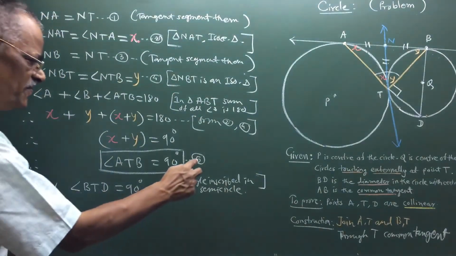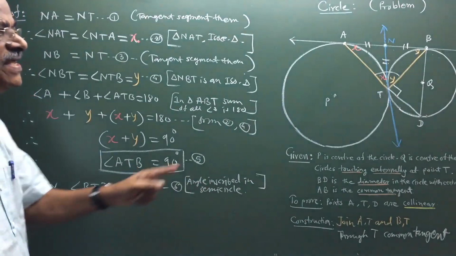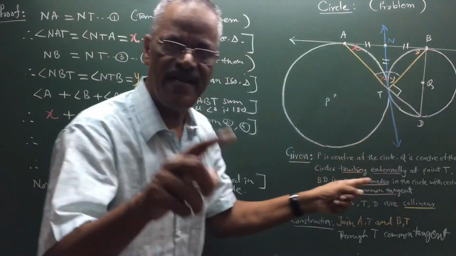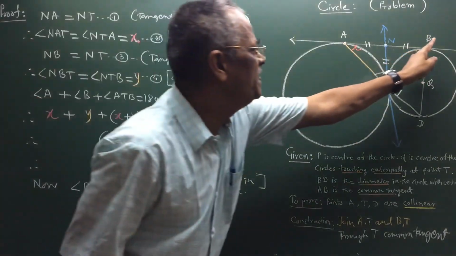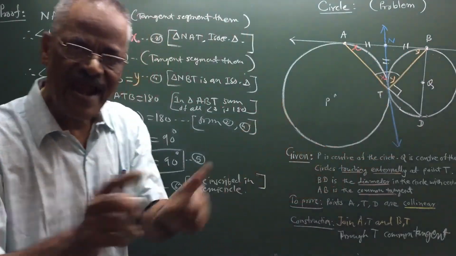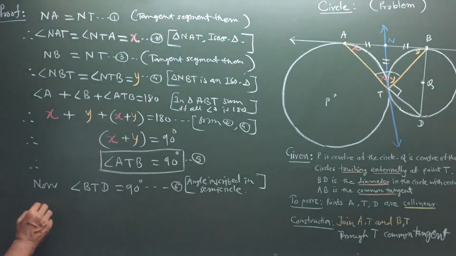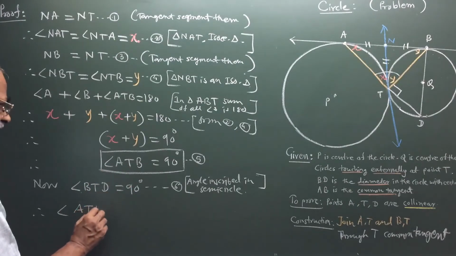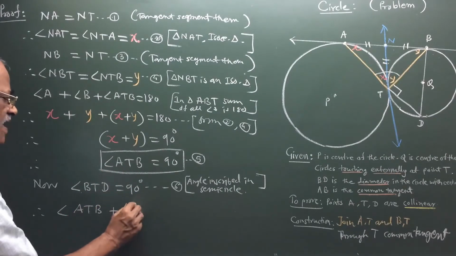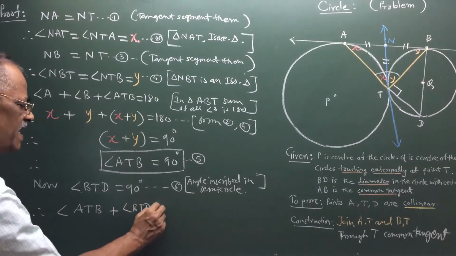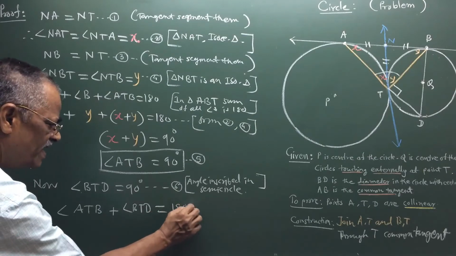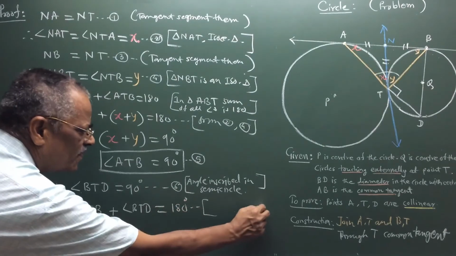After that, if you add the fifth and sixth results together, the fifth angle is ATB and the sixth angle is BTD. If we add them, you can see it is very interesting. Therefore, angle ATB plus angle BTD is 90 plus 90, which is 180.